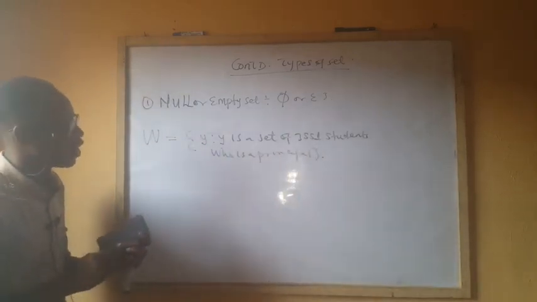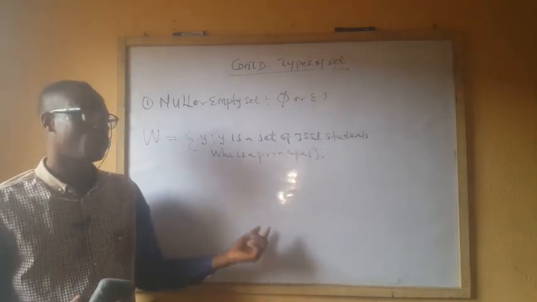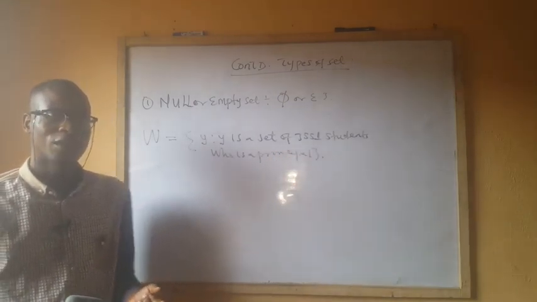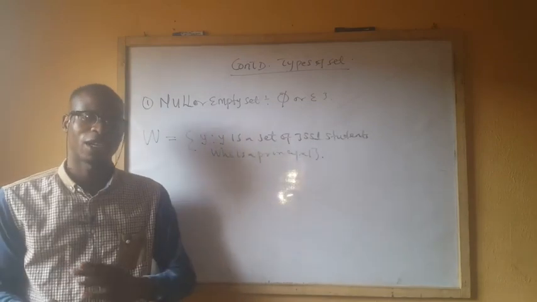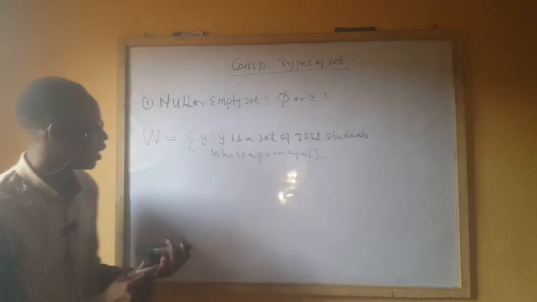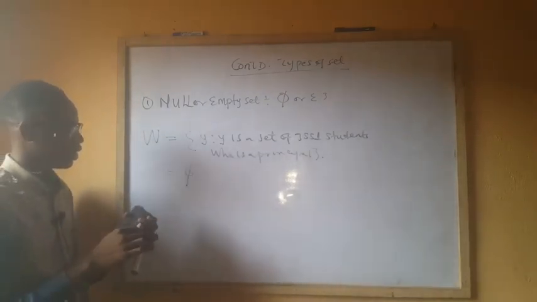Now, if you look at this statement very well, Y is a set of JS1 students who is a principal. Of course, you can't expect a JS1 student to be a principal of a school. So that means the final result of this set is simply what? Empty. So the answer here is simply going to be an empty set.